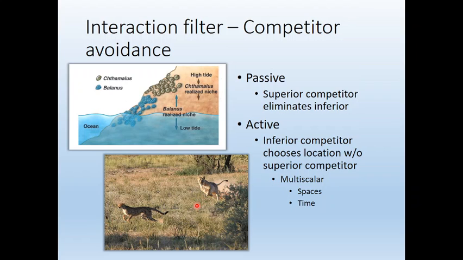They somewhat go after different prey. Obviously, lions will go after bigger prey, but there's still some prey that cheetahs go after that lions also go after, so they don't play nicely, and the lions will oftentimes chase away the cheetahs, and the cheetahs will run away from lions. So at bigger spatial scales, there's this competitor avoidance interaction filter.